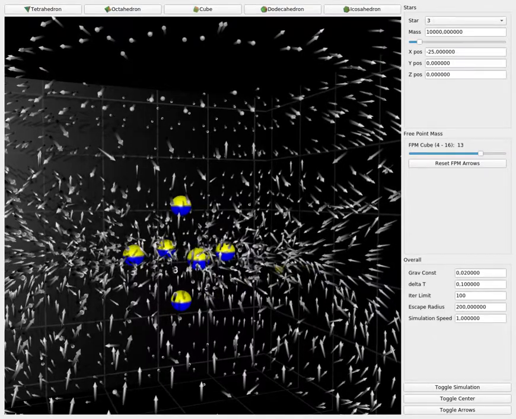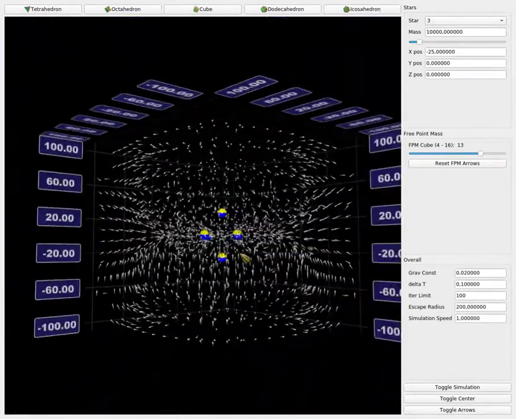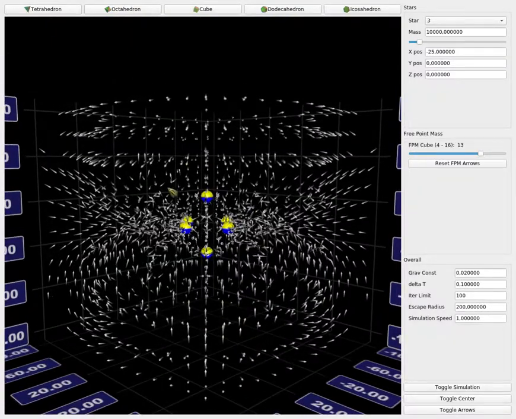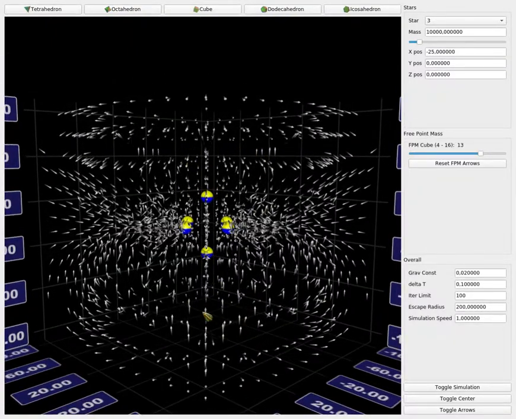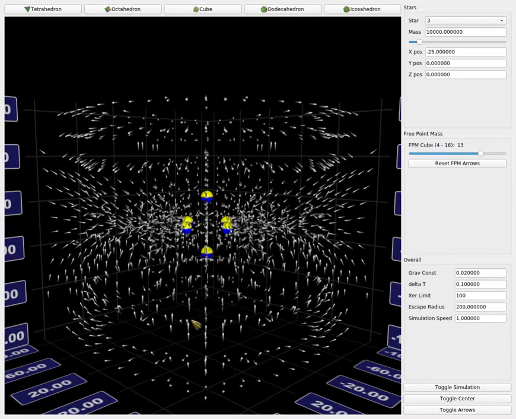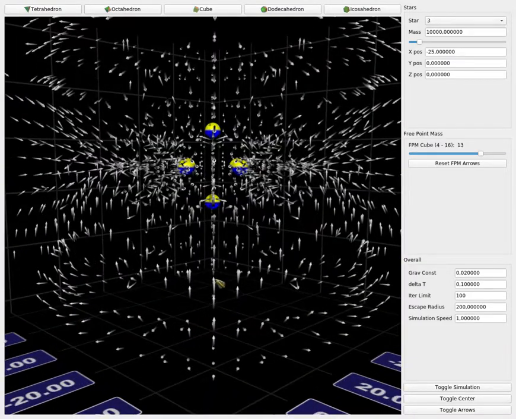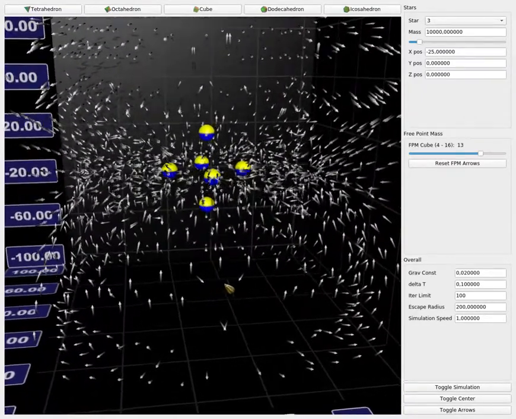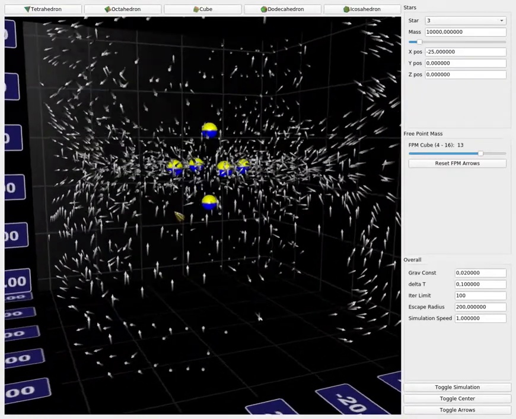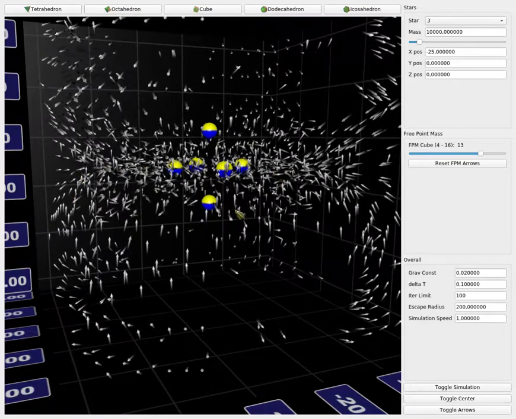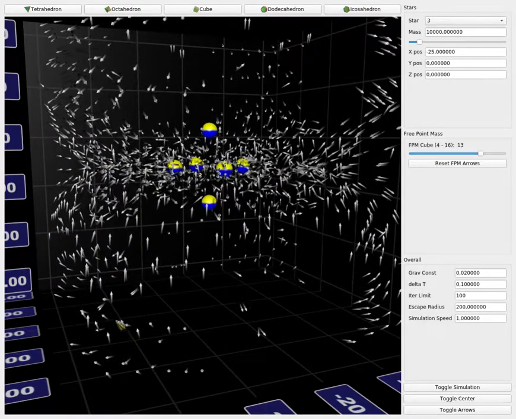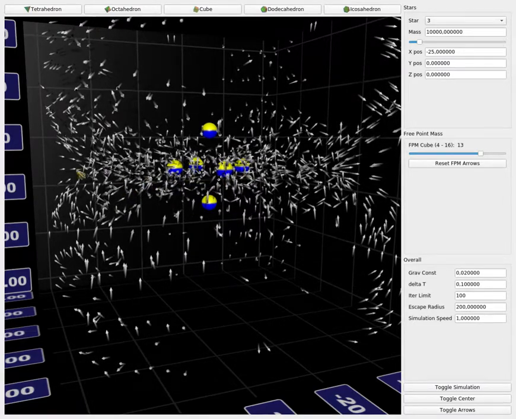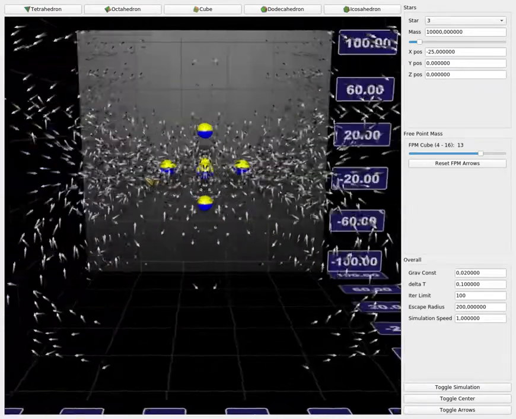So now you basically see the top and bottom areas becoming vacuous of 3-point masses. And then the flow is going down and around and into the center here.